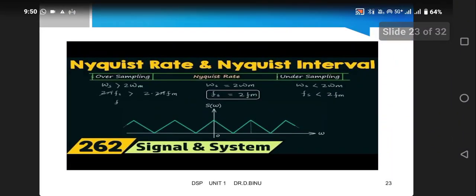What is meant by Nyquist rate and Nyquist interval? Nyquist rate is Fs equal to 2Fm. Oversampling means Fs greater than 2Fm, undersampling means Fs less than 2Fm.